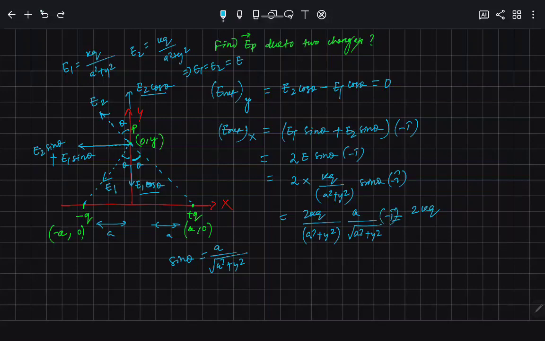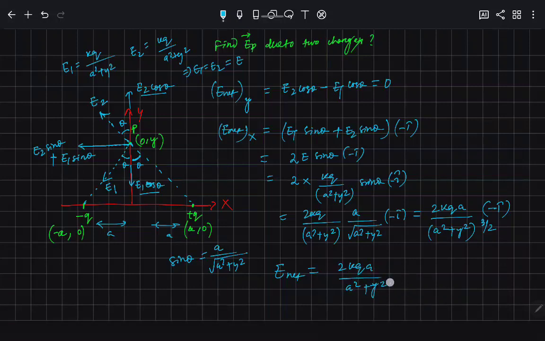This will be 2kqa divided by (a square plus y square) to the power 3 by 2, minus i cap. So E net will be 2kqa divided by (a square plus y square) to the power 3 by 2, minus i cap, plus 0 j cap. This will be the result, right? So we can find it like that.